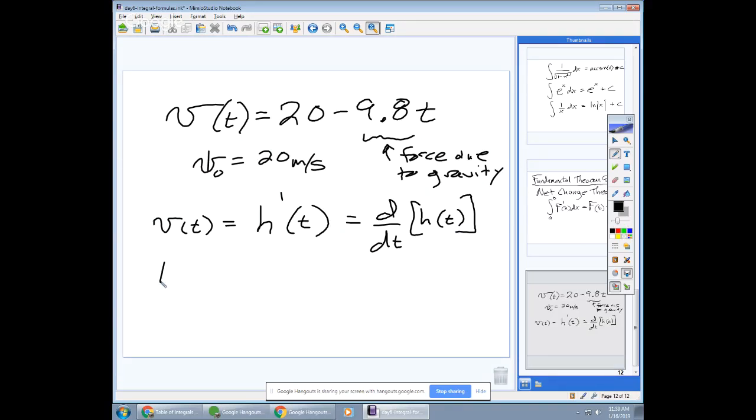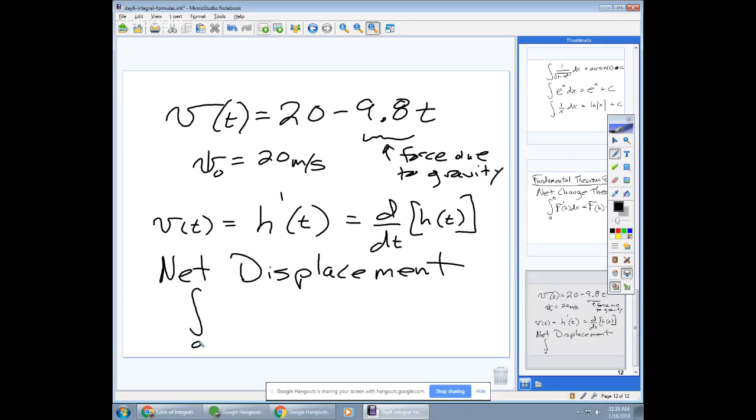So I can find what's called the net displacement, which would be the net change in distance of this thing if I integrate from one spot to another. I'm going to start off going from 0 to 2. If I integrate h prime of t dt, that will tell me in the interval from 0 to 2 where it is compared to where it started. Now, it doesn't tell me the total distance traveled.